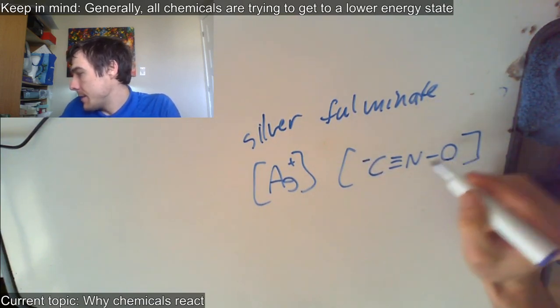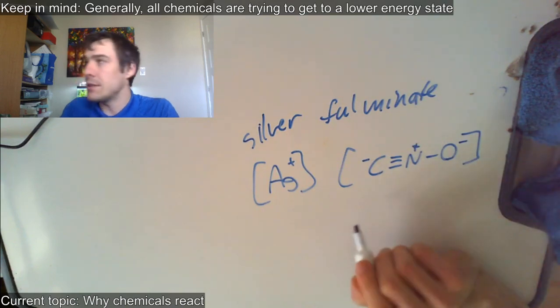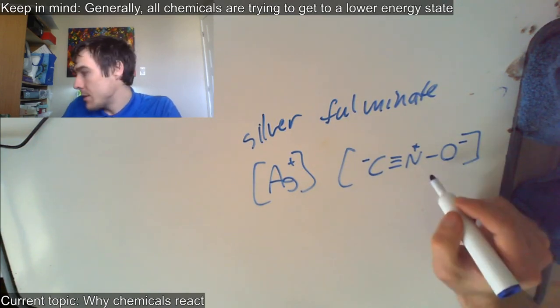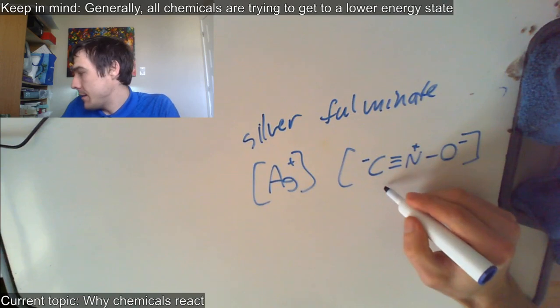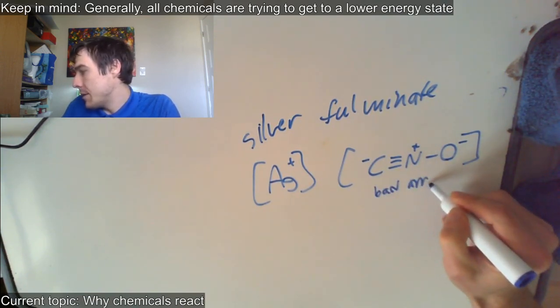So this carbon is negatively charged, the nitrogen is positively charged, and the oxygen is negatively charged. It's really weird. It's a very strange structure. So this is bad, right? This is a bad arrangement.